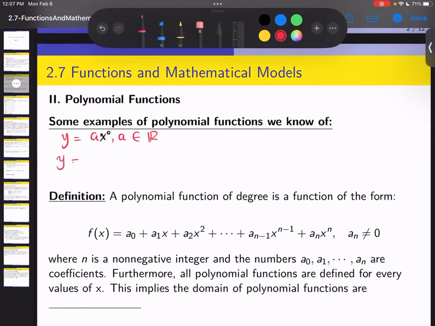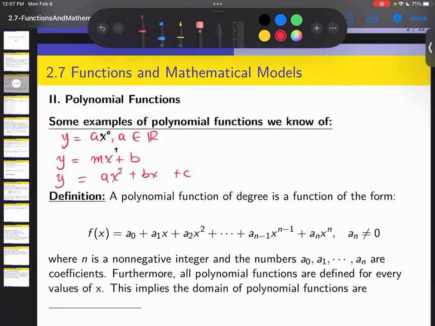The second one is the linear function, mx plus b. So we go from 0 degree to the first degree. And then the one we just did last, which is the quadratic, ax squared plus bx plus c. So those are friendly ways of describing 3 basic polynomial functions.